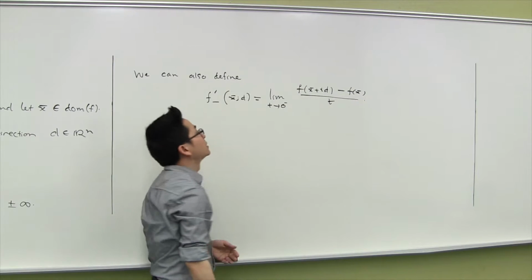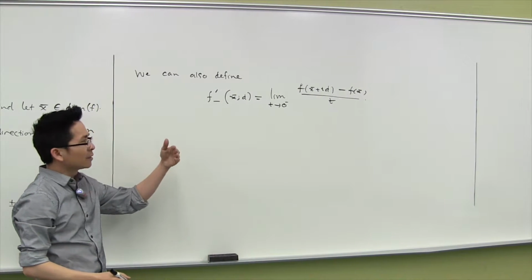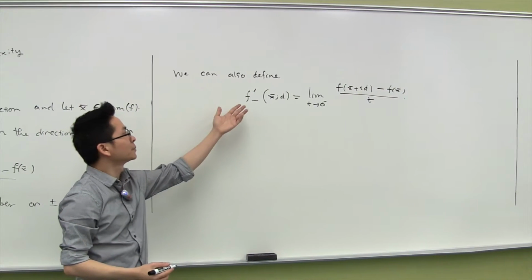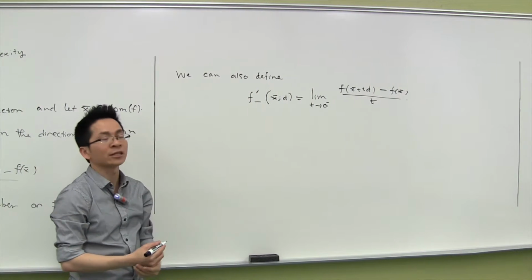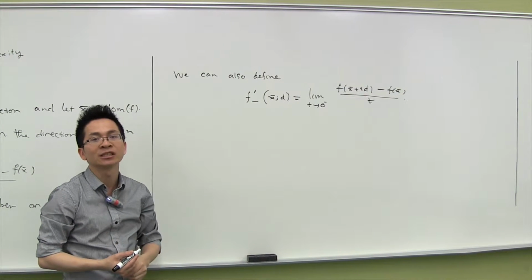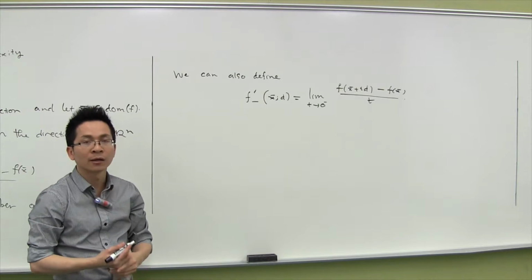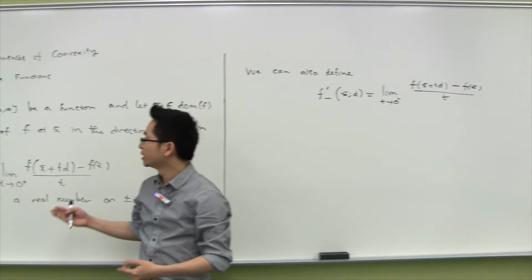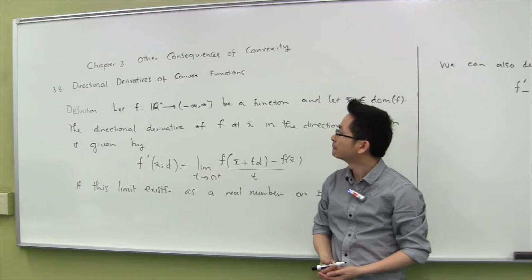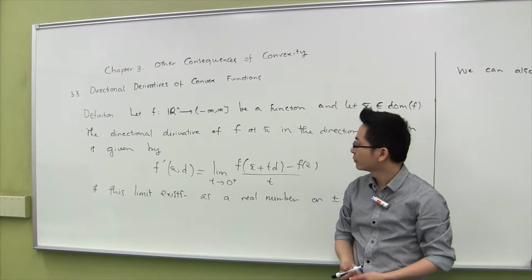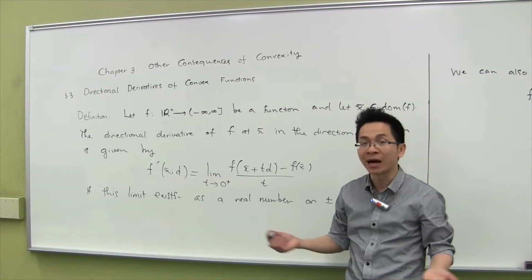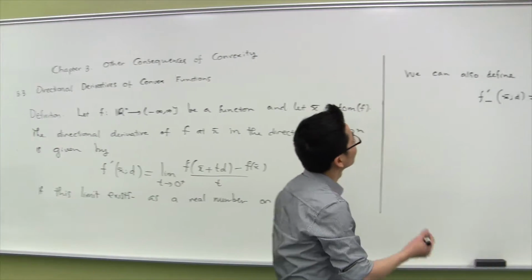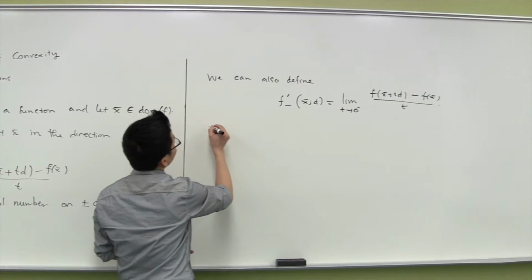Okay, and as we can see, the left directional derivative can be represented in terms of the directional derivative. Therefore, later on we will deal mostly with the directional derivative of f at x bar in the direction d.